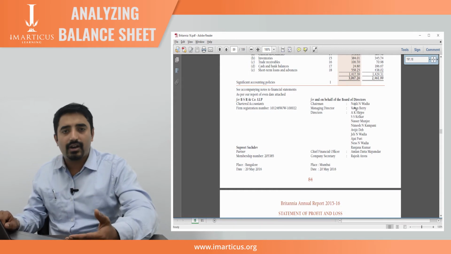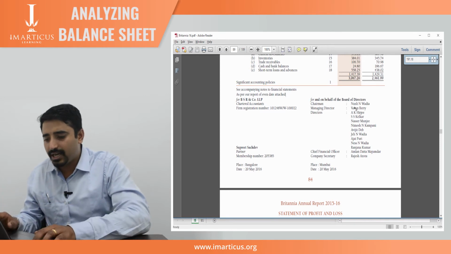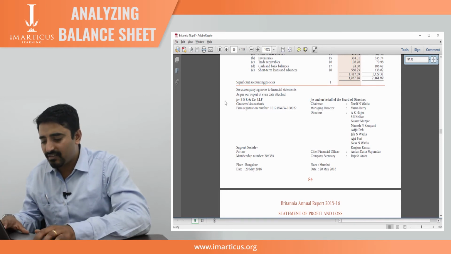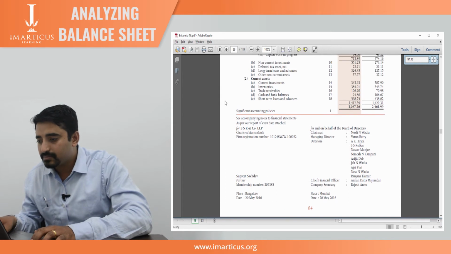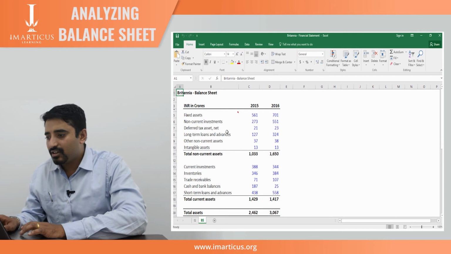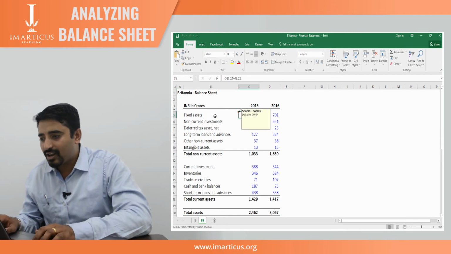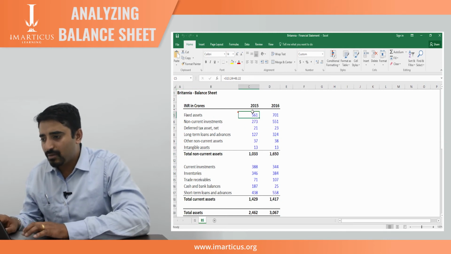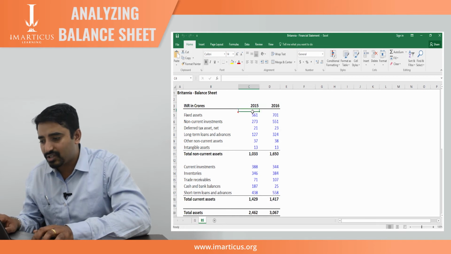Now here what I've done is I've taken all this data into the Excel file that you can see here. This Excel file gives you the balance sheet of the last 2 years, 2015 and 2016. So I have fixed assets, non-current investments, deferred tax asset, right?